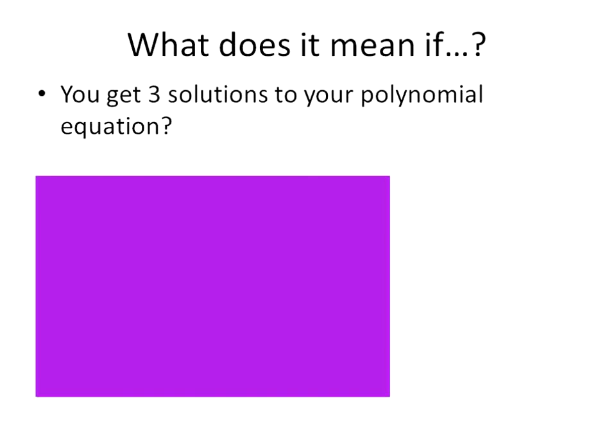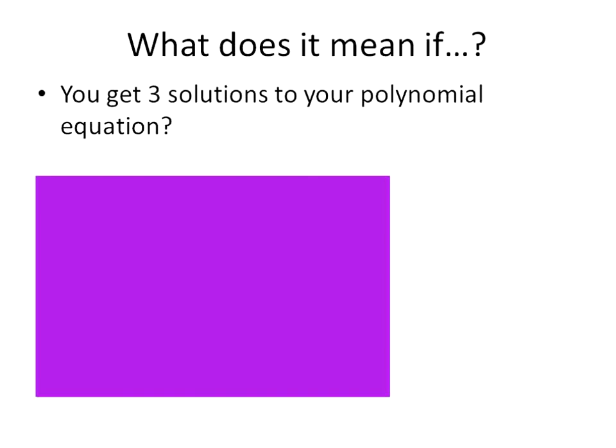So the last thing I'm going to ask you: what does it mean if you get 3 solutions for your polynomial equation? What do the solutions represent again? Where the graph crosses the x-axis. So if you have 3 solutions, how many times does it cross the x-axis? 3 times.